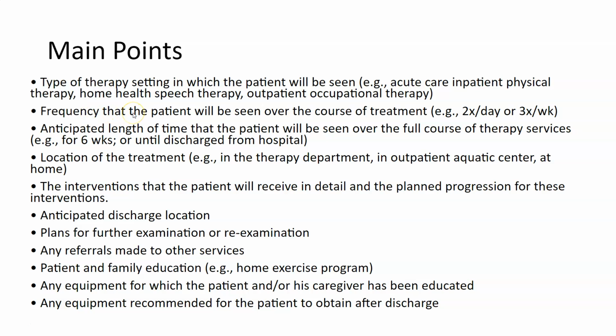We also need to identify the frequency and the length of time that we expect the patient to be seen for the full course of services. Now, when we get in there, right, you can always get into the aspect of until resolved or whatever, but you want some sort of anticipated length of time.